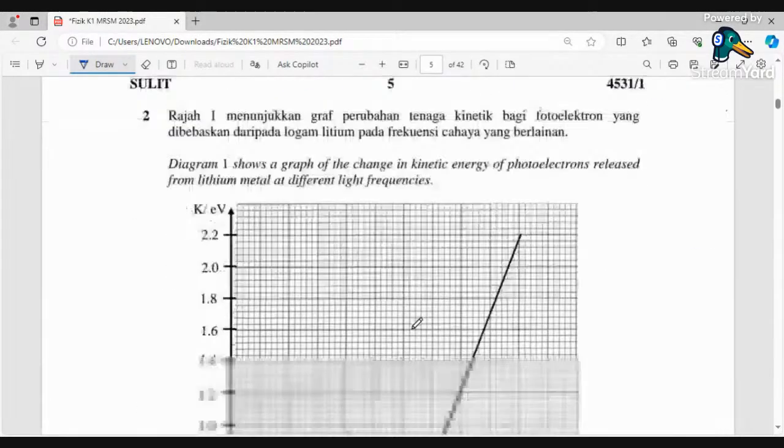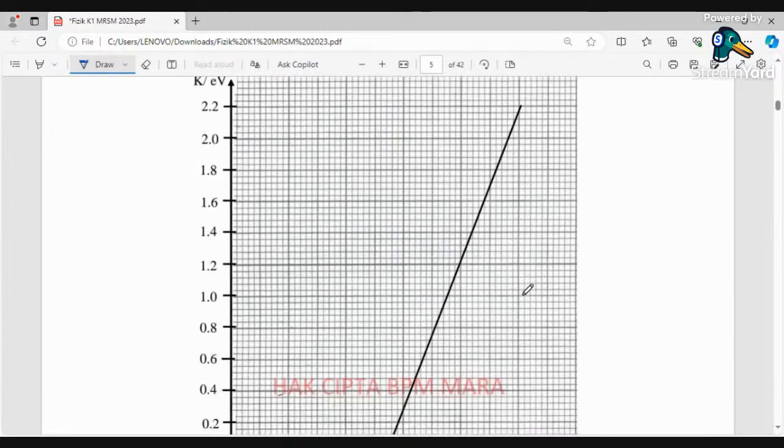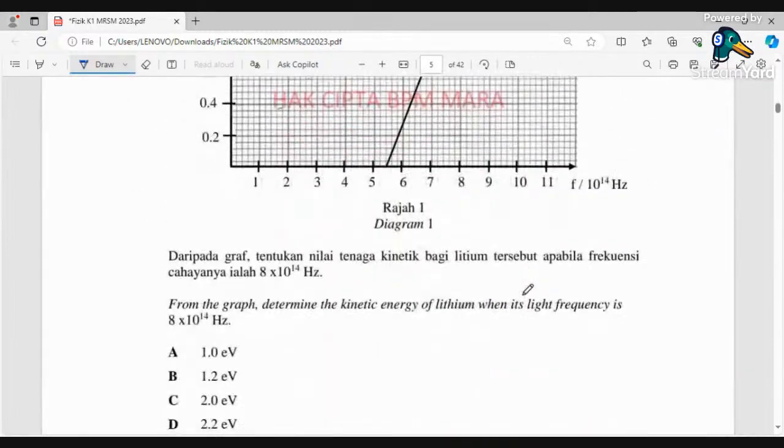Okay, look at the next question, number 2. Diagram shows graph of change in kinetic energy of photoelectron released by different light frequencies. Ini topik physics quantum. Tapi kenapa dia ada di number 2? We look at the question.